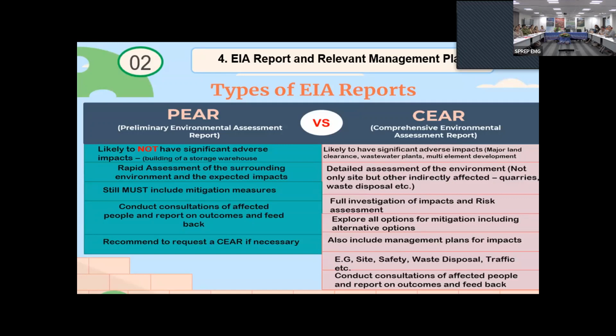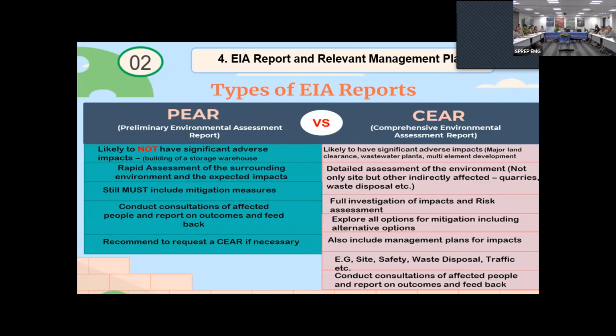Now, just to touch base on the key differences and similarities: a PEA is when we are suspicious that maybe it will have some impacts, but we're not very sure. That's why we ask you to do a very rapid study of what the development impacts will be. That's judging from a development that we think may not, or is likely not to, have significant impacts.